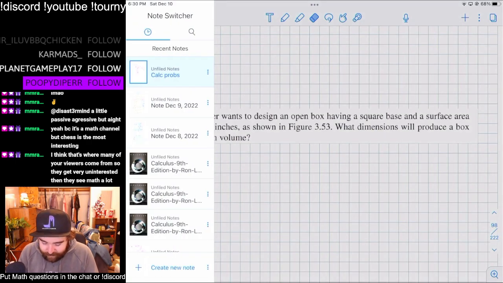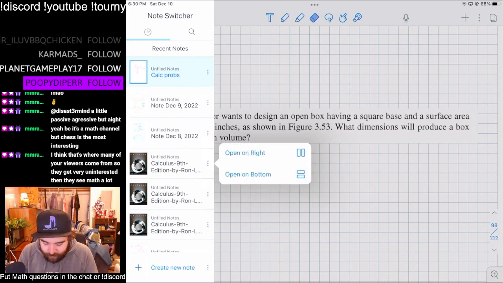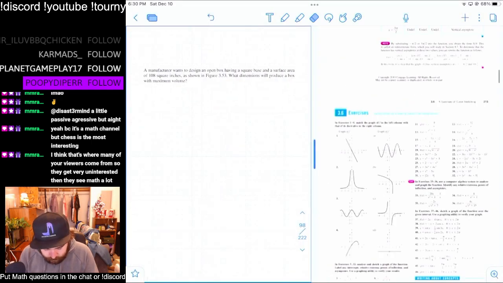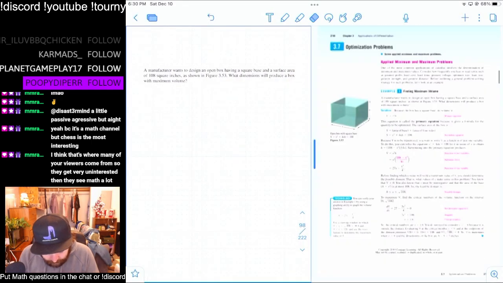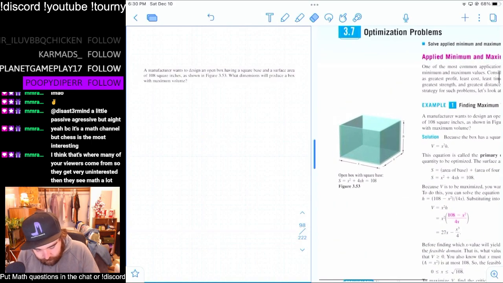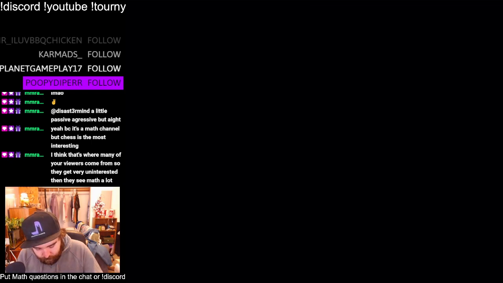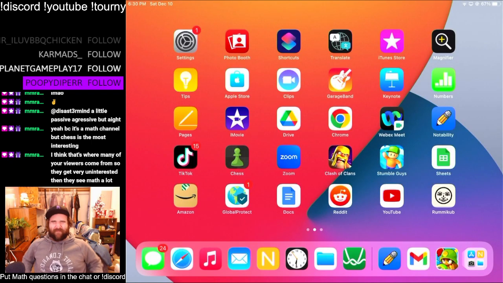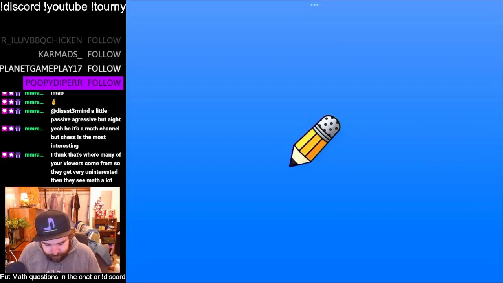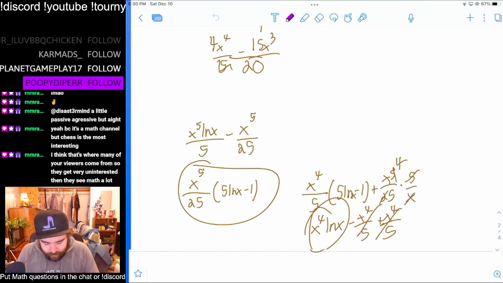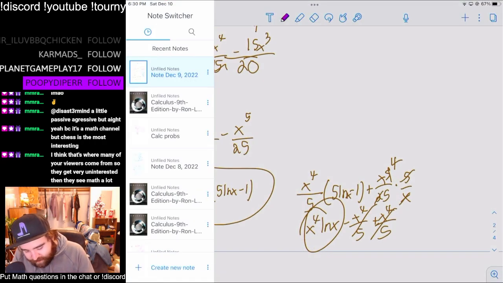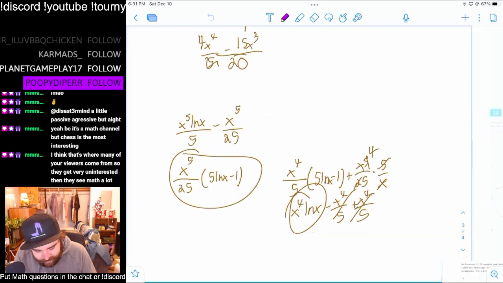I didn't see that. Let's go to the textbook and grab that. No, good. We're right there. There we go. That is going to be helpful for us, that the base of the box is square. Sometimes that crashes my iPad, sometimes it doesn't.